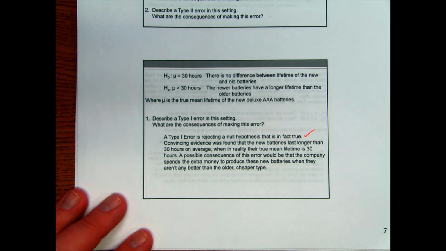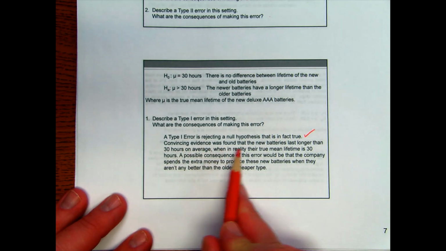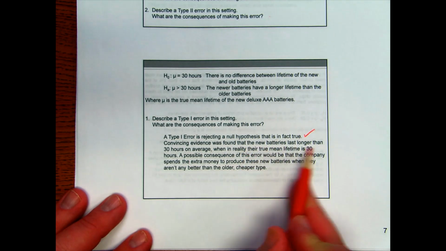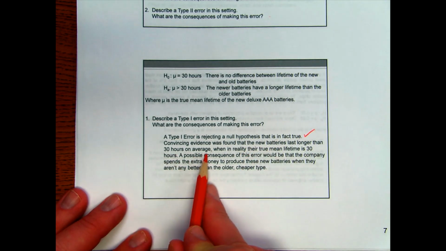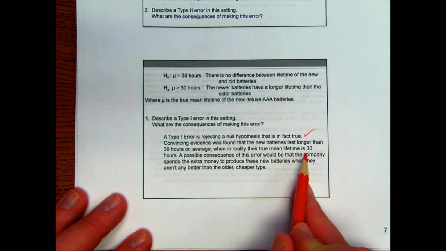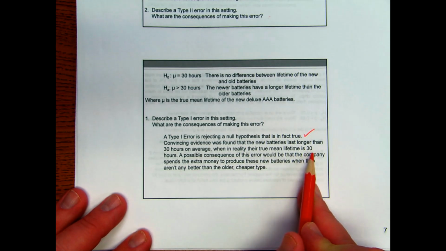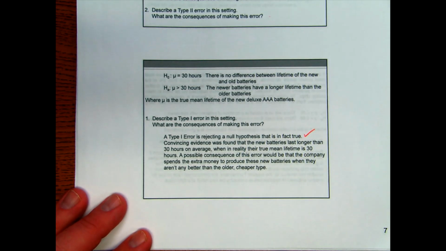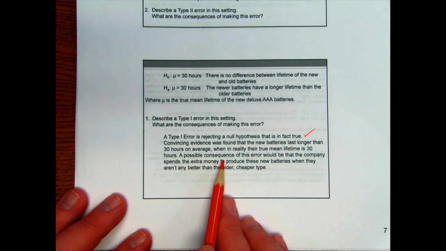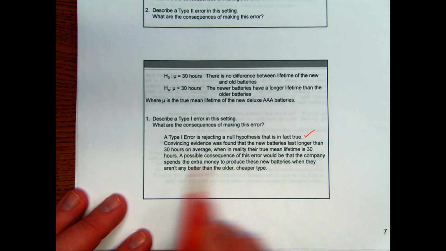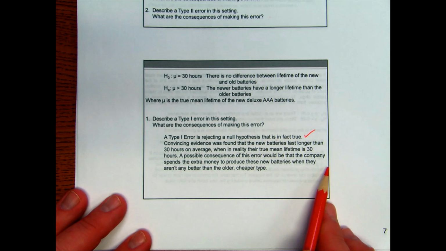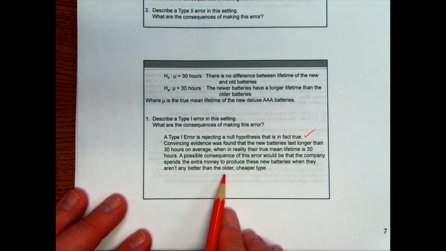Now specifically, what does that mean in this problem? It means we found convincing evidence that the new batteries last longer than 30 hours on average, when in reality their true mean lifetime is 30. A possible consequence of this error would be that the company spends extra money to produce these batteries when they aren't any better than a cheaper type.